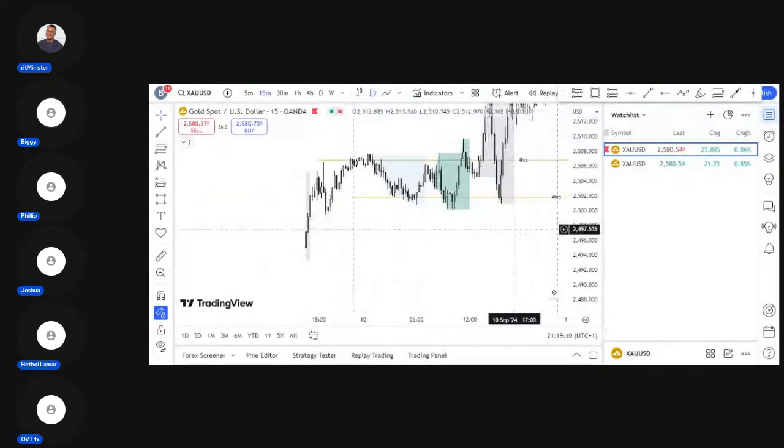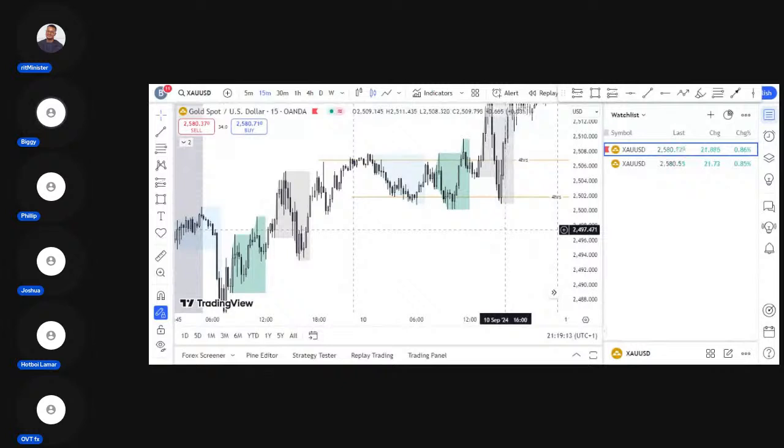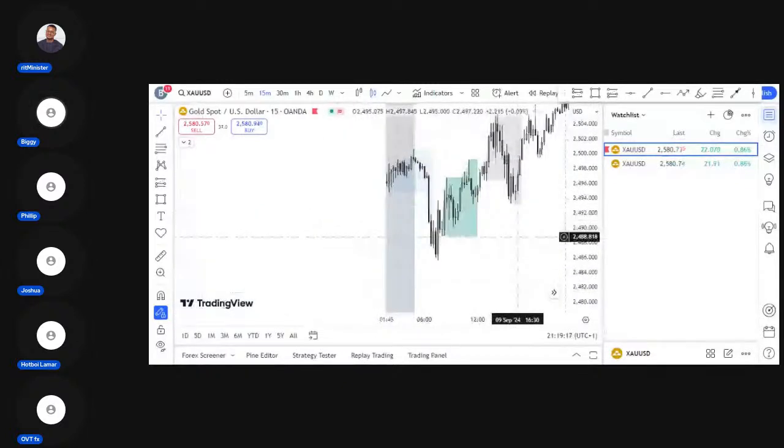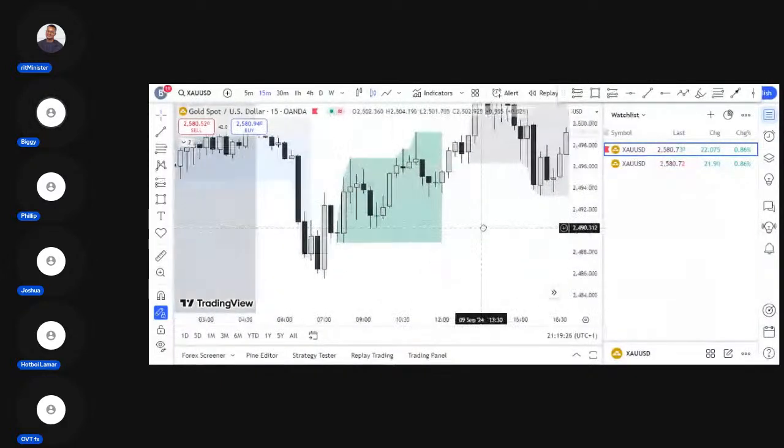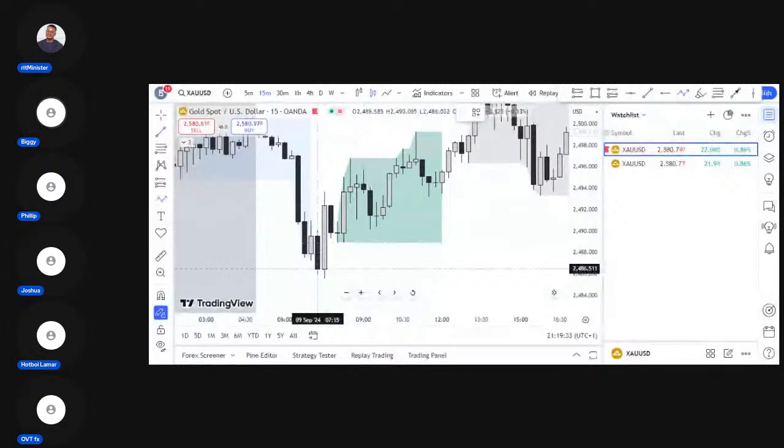Let me show you an example now, in a place where I use an SCOB, and then in a point where I don't use an SCOB. Let's say I was looking to take my trade here. So, for example, we have market up, market down.